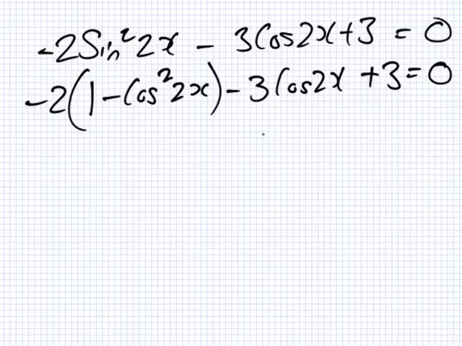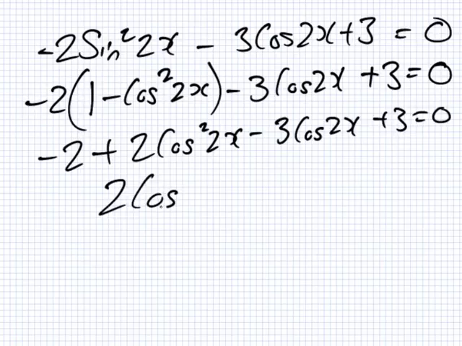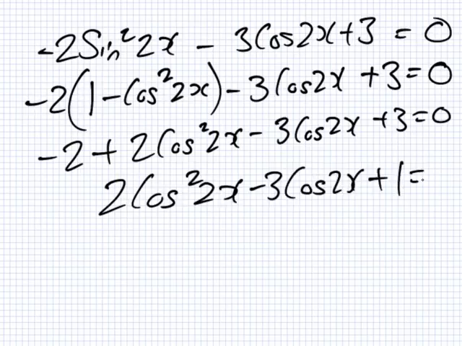Yeah? Minus 2 plus 2 cos squared 2x minus 3 cos 2x plus 3 equals 0. So 2 cos squared 2x minus 3 cos 2x plus 1 equals 0. Looks familiar?